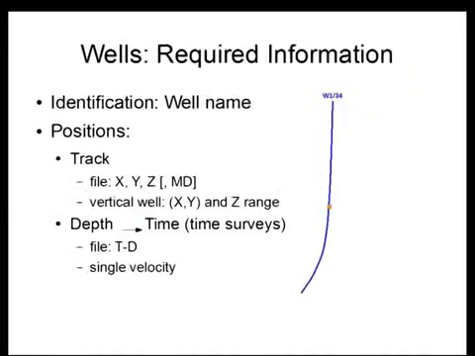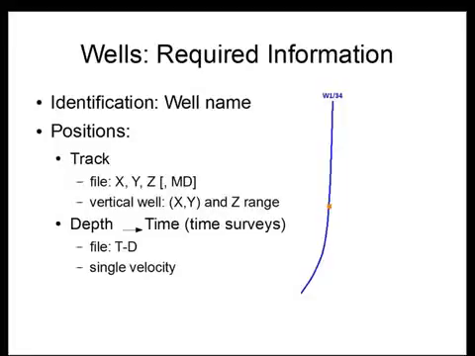To give you an example, let's look at what a well is. For OpenDetect, a well is actually a track with all kinds of stuff around it. But the track is very important because OpenDetect is fundamentally a 3D, geometrical type of system. You really need to have everything clearly positioned, and for that you also need some kind of identification of everything.